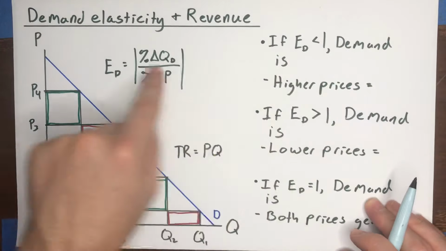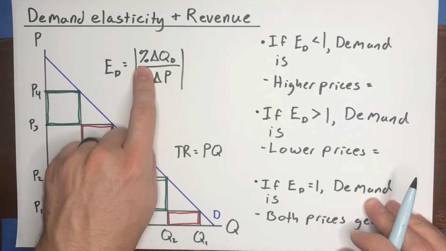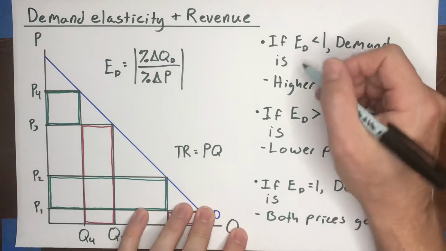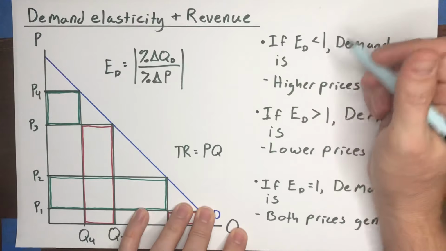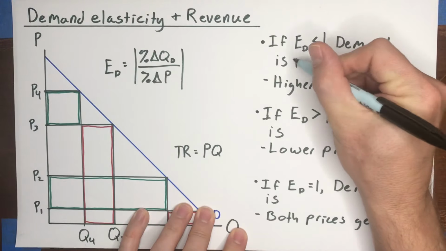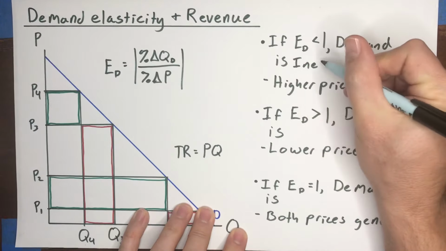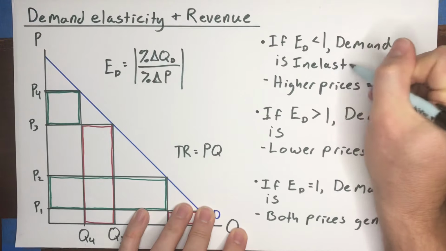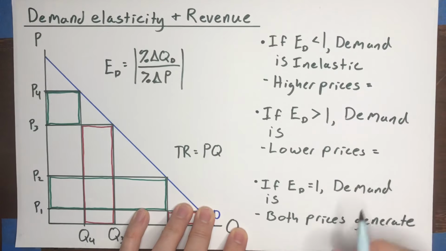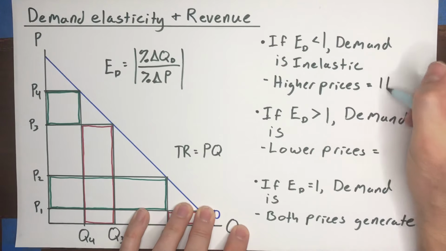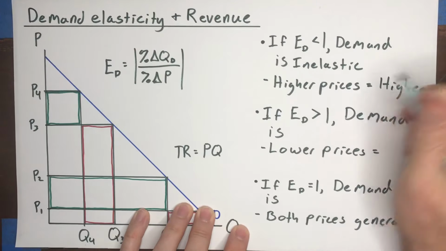That tells us if this ratio is less than 1, we say that demand is inelastic, and higher prices are going to equal higher revenue.